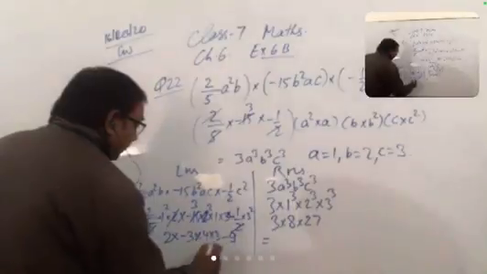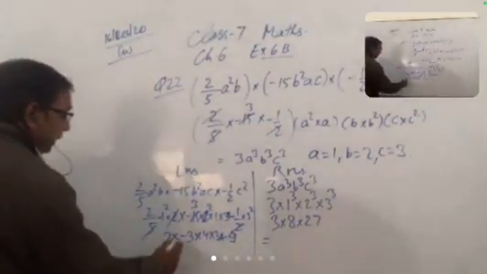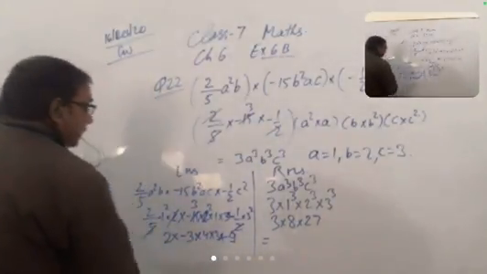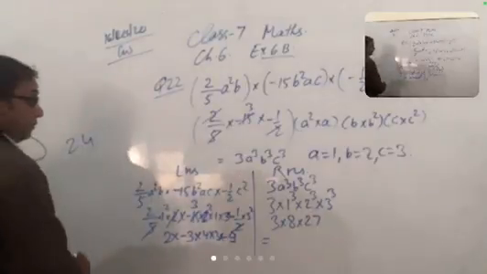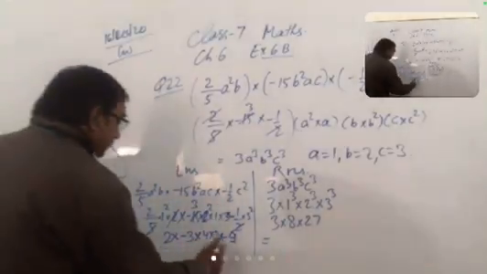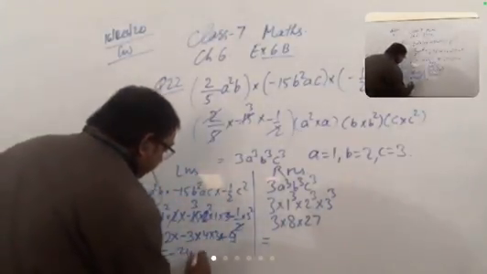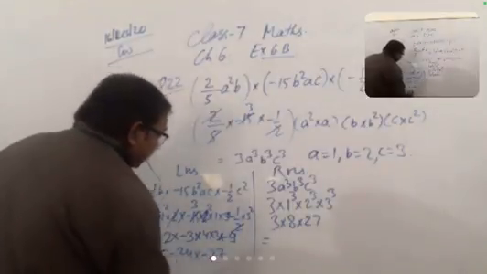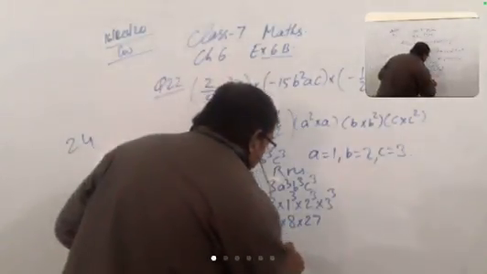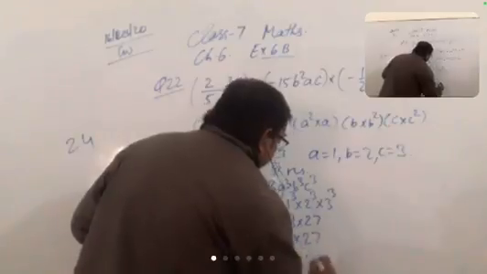So now multiply it. 3 2s are 6, 6 4s are 24, and this is minus 24 multiplied by minus 27, and here it is also 24 multiplied by 27.